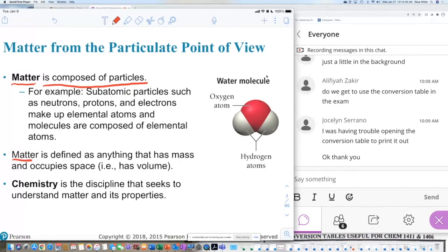For right now, matter is also defined as anything around us that has mass and occupies space. So even if we can see it or we can't see it, whatever we're experiencing, as long as it fulfills the following criteria, it has mass. It can be a very small mass, but occupies space. We will call that object, that thing, that chemical matter.